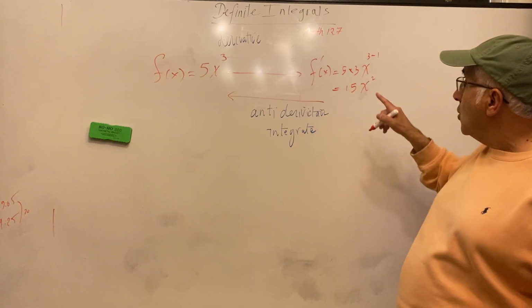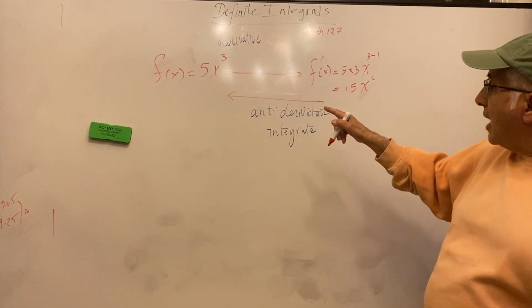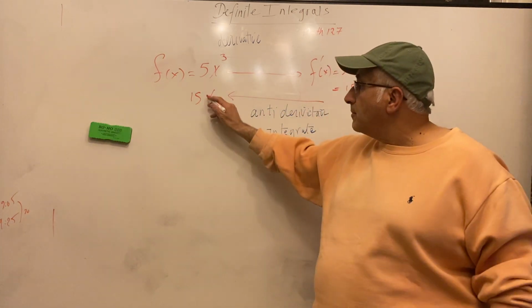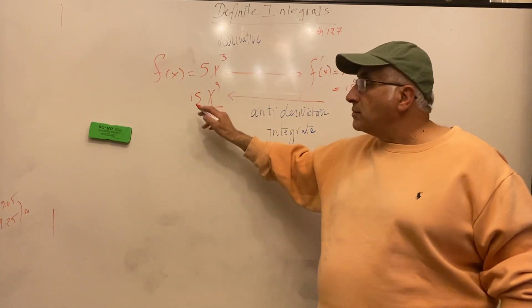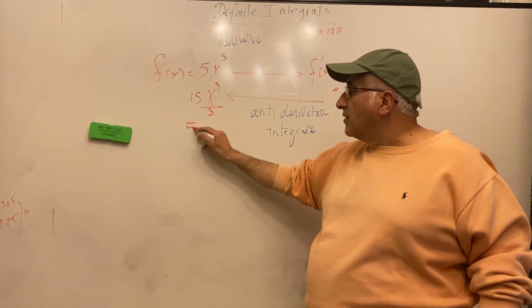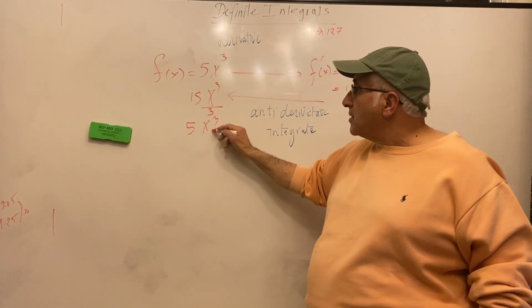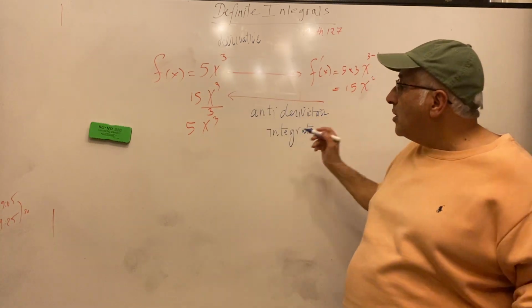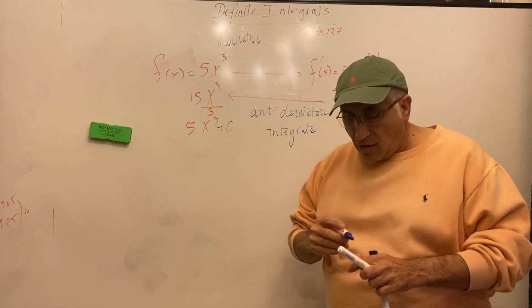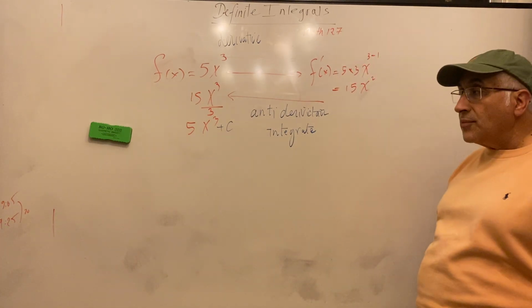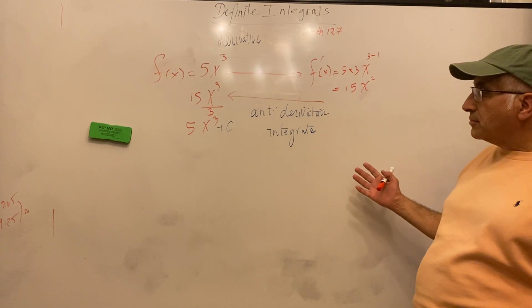We're going to go back and say the power will have one more, over itself. Let's simplify this. 15 over 3 is 5, x cubed, it's the same. But as I said before, always when we integrate, we add a constant that will help us later on. All right? So this is the system of integration.